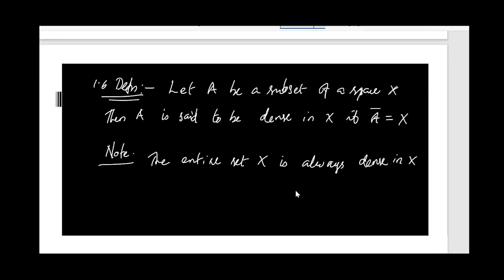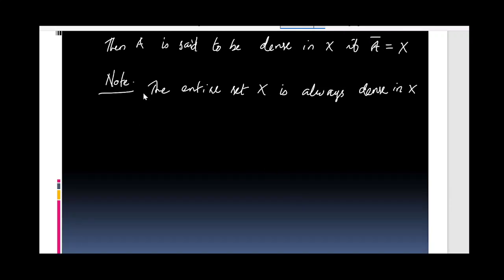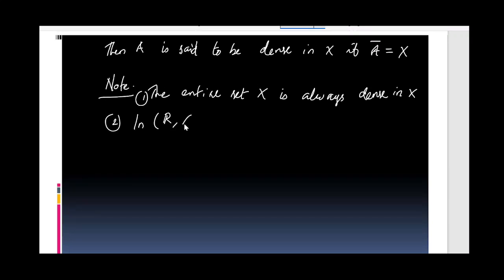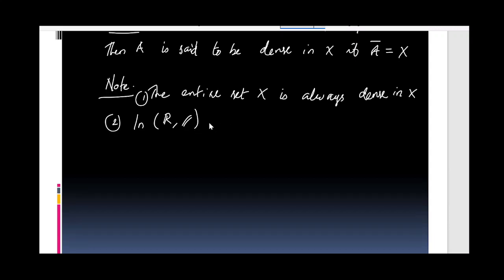Now we know the evident thing: in R with the usual topology, Q is dense in R. So these are the examples.